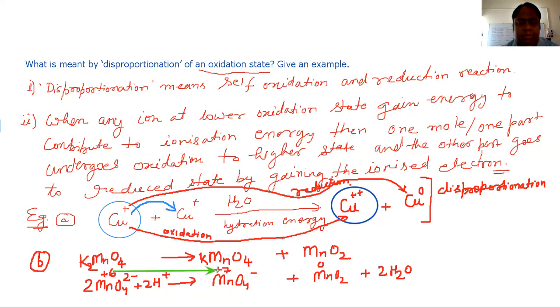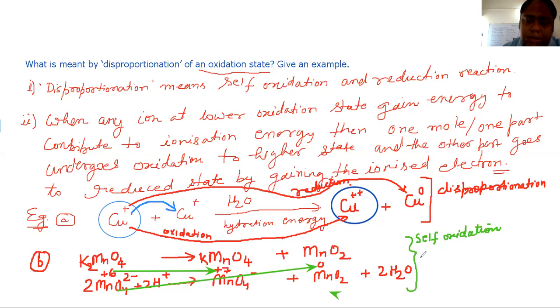This is oxidation and this is reduction. So here also self-oxidation, reduction reaction, which is also called as disproportionation, is happening.